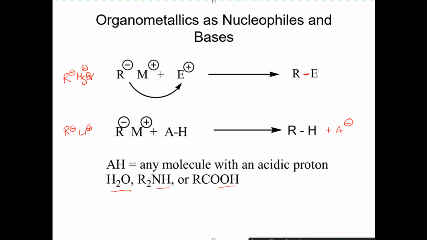Sometimes we use argon or purified nitrogen gas that has all the water removed, because these two compounds will simply deprotonate water, and we will turn our R minus into an alkane, which isn't going to be helpful. On the other hand, sometimes we do want to use these molecules to do deprotonations.